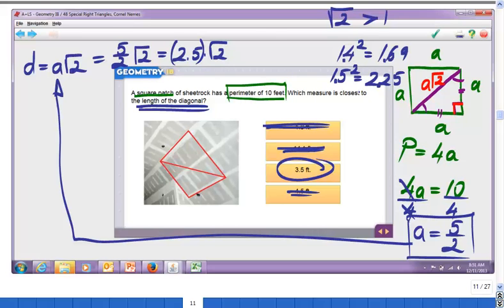So the value of square root of 2 is definitely somewhere between 1.4 and 1.5. So it'll be 1.41 whatever.